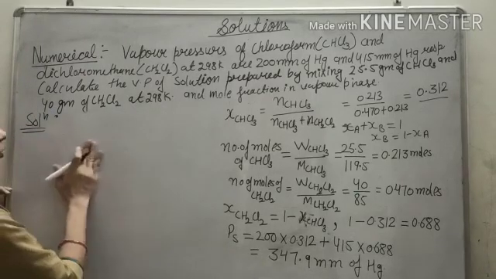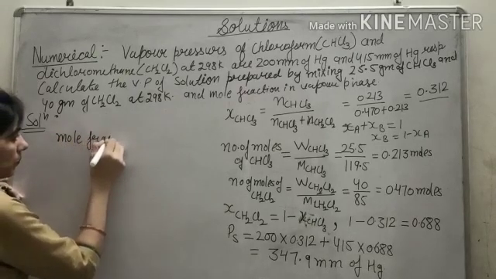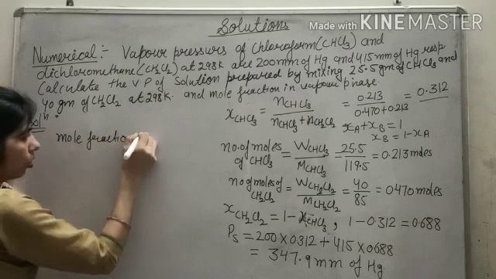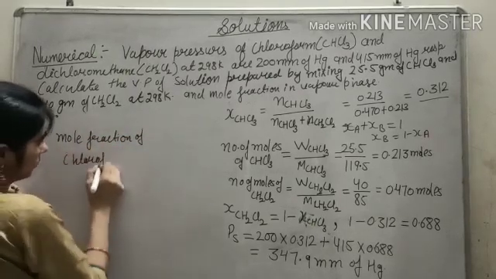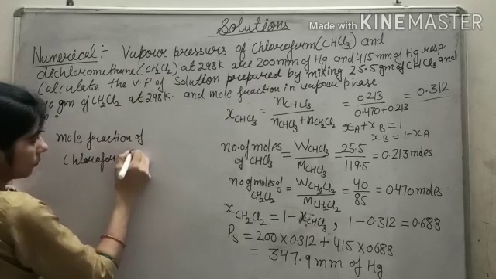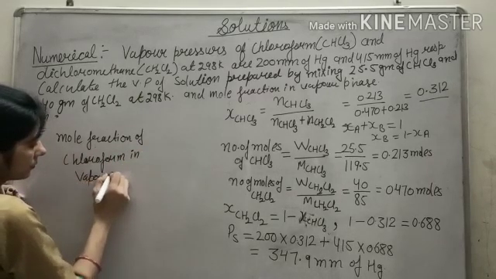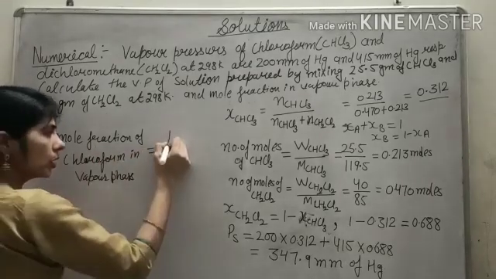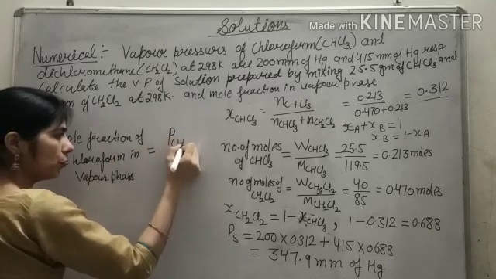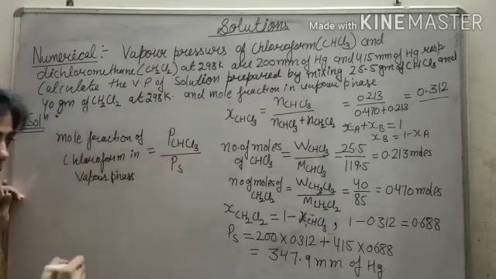So the mole fraction of chloroform in vapor phase is equal to the partial pressure of chloroform to the total pressure.